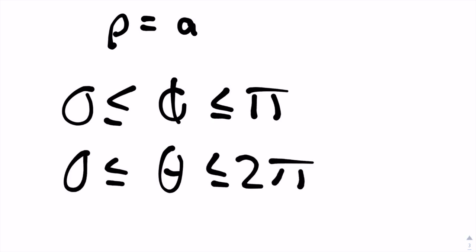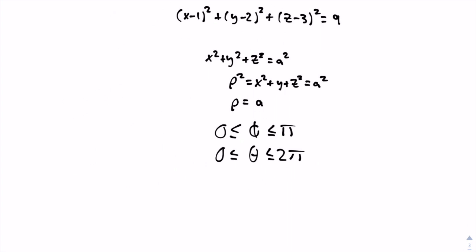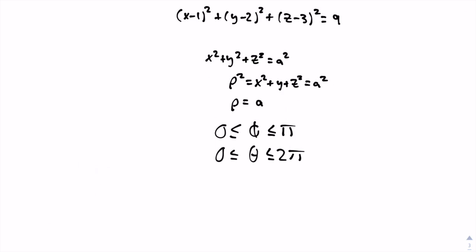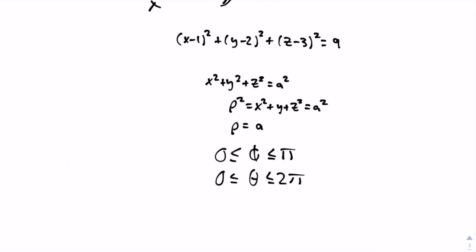Because as we know from our units on spherical coordinates, theta represents this value down here, and phi represents this value right here, and basically this is what we get when we want to find the phi and theta values for a full sphere.